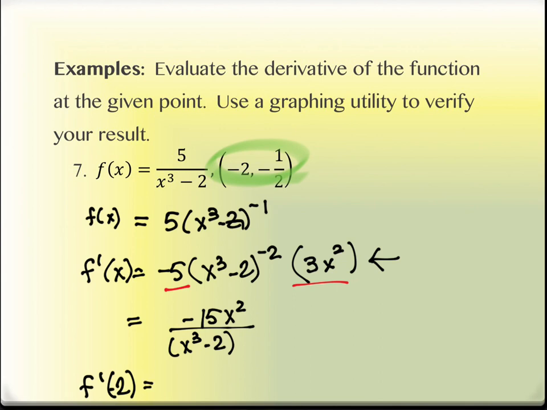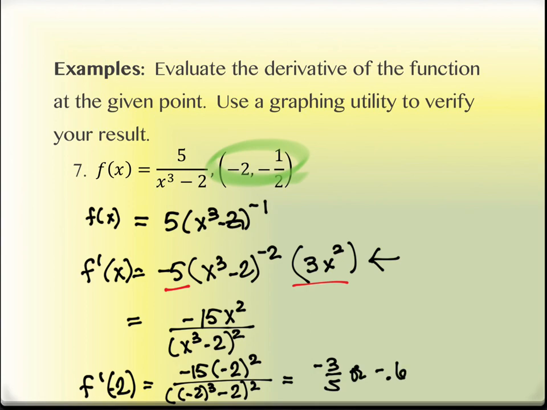And keep in mind, some carefulness with your parentheses. This is negative 2 quantity squared, so that will be positive. But in the denominator, when I have negative 2 cubed, I'll get a negative. Oh, that's a 2, so there, sorry. There we go. And so then as we multiply and so forth, clean this up, we end up getting negative 3/5, or negative 0.6 would be fine as well.